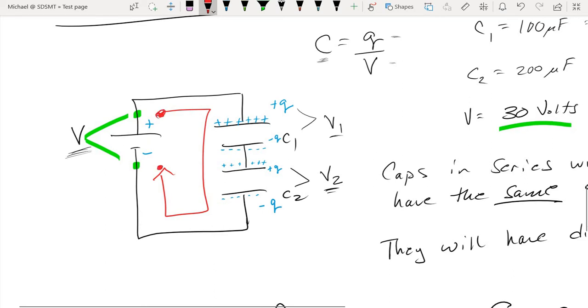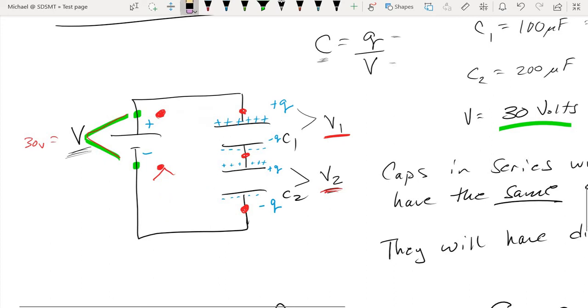But regardless of the path that you take, you still have to account for the same potential difference of 30 volts. By taking the longer route, you are going across the first capacitor, which has a potential of V1, and then you go across the second capacitor, which has a potential of V2.